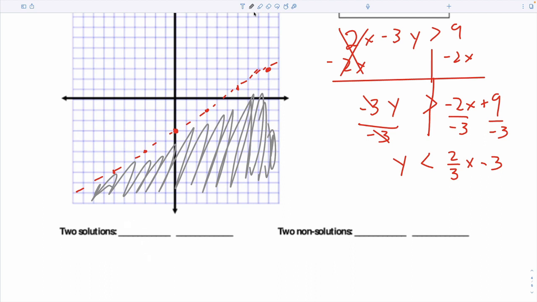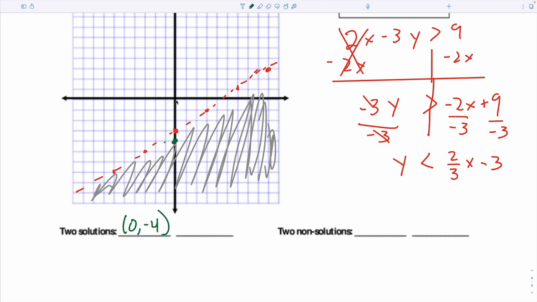Give me 2 solutions that would work for this. Kylie, give me 1 solution. Anything in this section will work. What's an ordered pair that would fall in this section? Does the point 0, -4 fall in this section? Let's choose that one. 0, -4 would work.